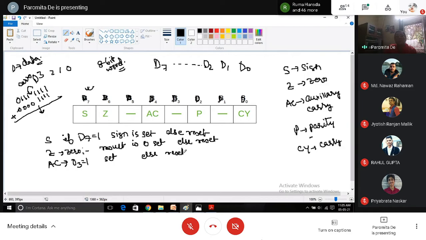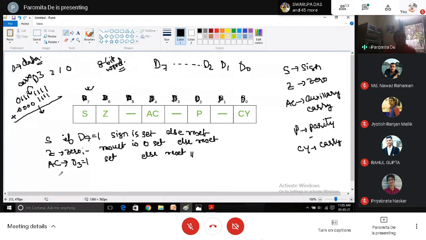But this is not much used. In some places we need to see whether the D3 bit has a carry or not, because this carry is anyway passed to the D4 bit and the operation is carried out. You are clear about this D3?